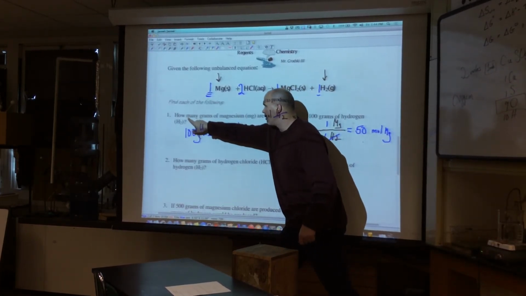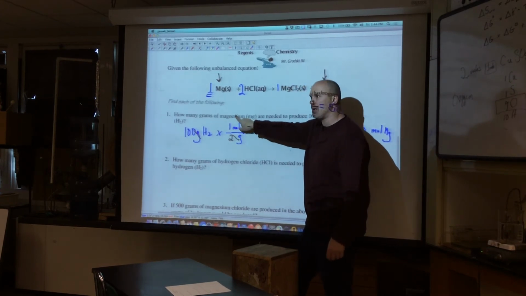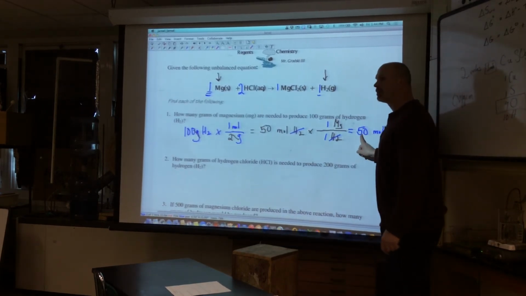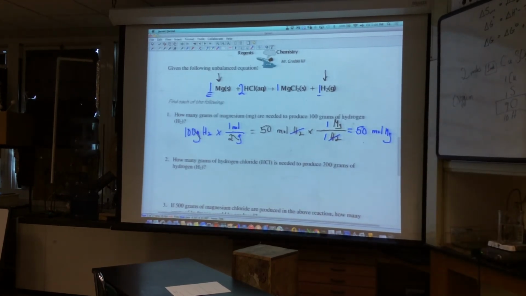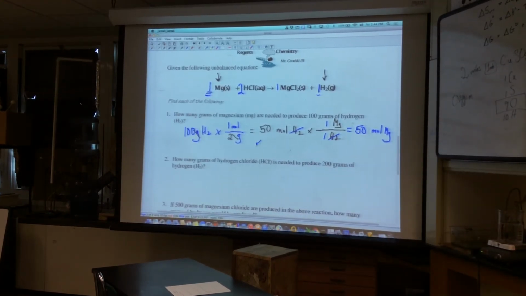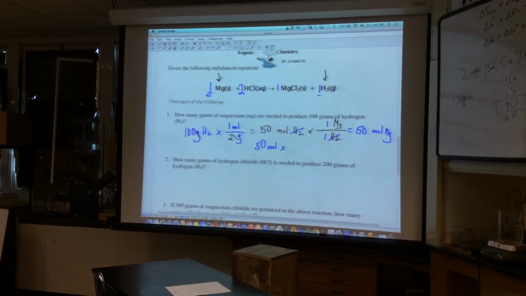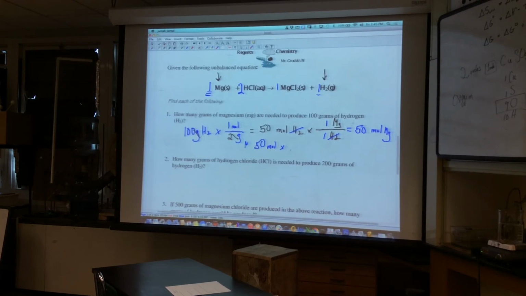Now what do they ask for? How many grams of magnesium? Is this grams of magnesium? No. So my last step is I've got to convert my 50 moles of what? Of magnesium, and convert that to grams. 1 mole goes in the bottom this time. Why?